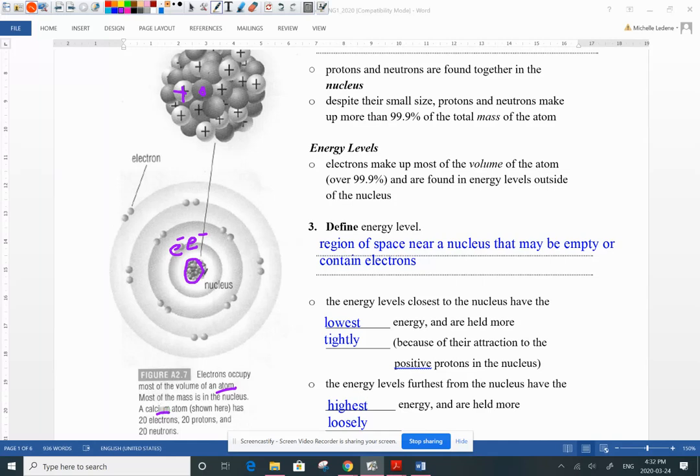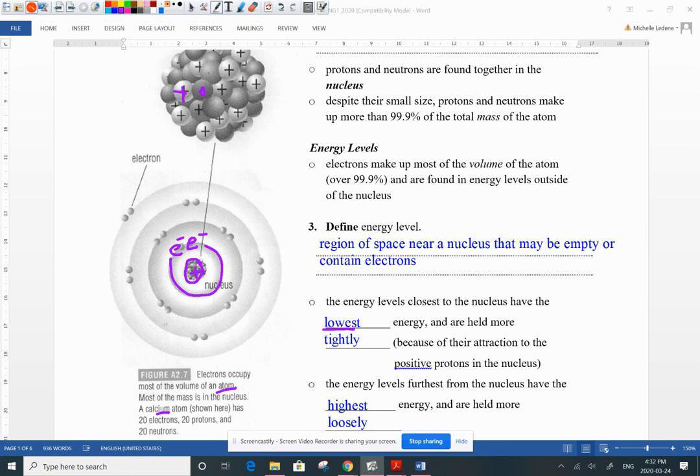And you can see that it has several of these little layers, these little circly things, and those are the energy levels. So this first energy level, that's its lowest energy level, and you'll notice there's 2 electrons inside there. Those energy levels that are closest to the nucleus have the lowest amount of energy because, again, it's positive inside the nucleus, and they're very attracted to them, and so they're held very tightly.